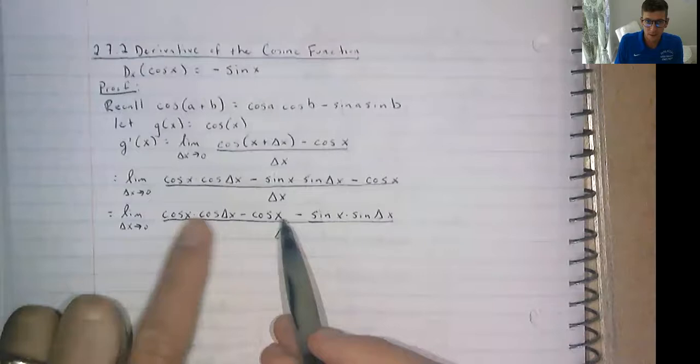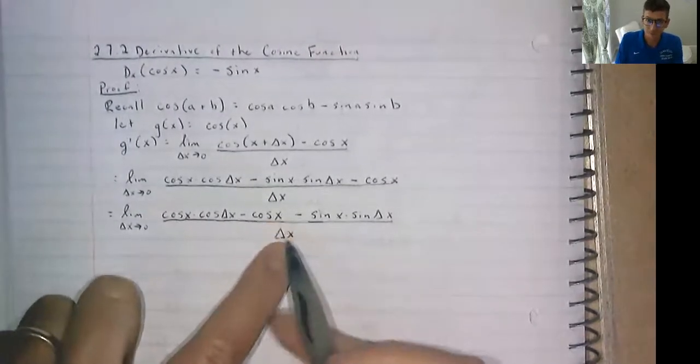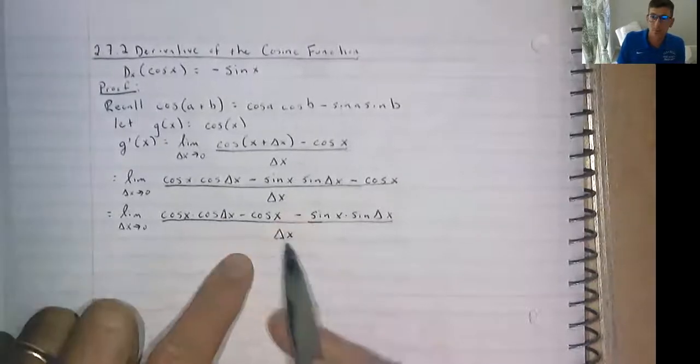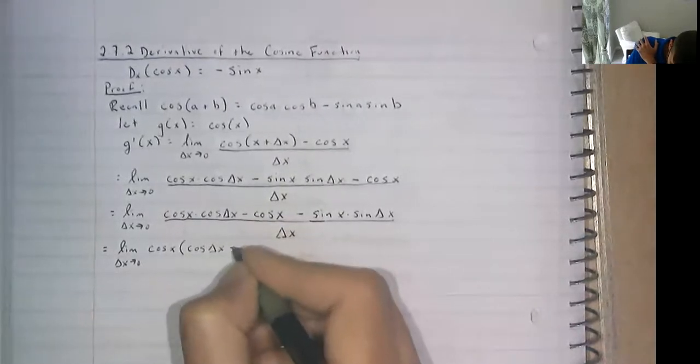Now we're going to split this fraction into two fractions, which is legal, but we just have to divide both parts by the denominator. Okay, it'll work. And we're going to also factor as we do this. So a couple things happening here. We're going to get the difference of two limits here. The first one is going to be the cosine of x times the cosine of delta x minus 1.